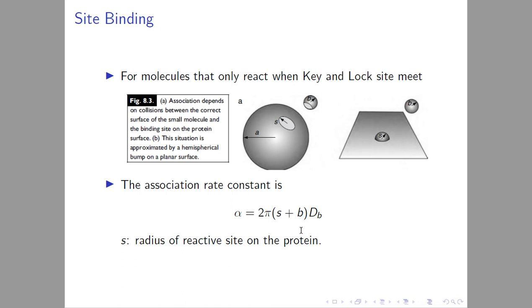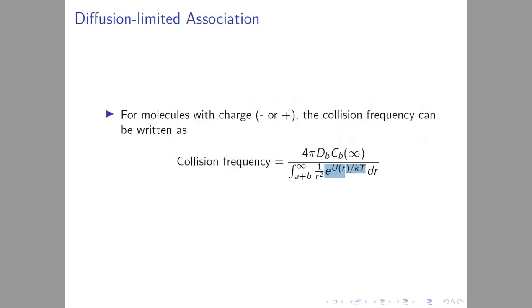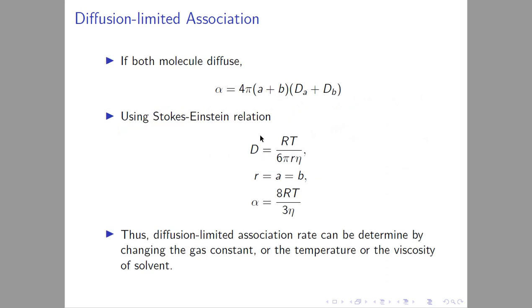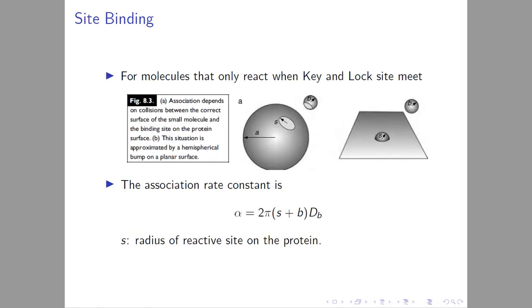What we need to know is D_B, or for example, we know from the Einstein relation alpha equal to 8RT over 3 eta. So we get alpha, and we can use this alpha to find the radius of the reactive site.